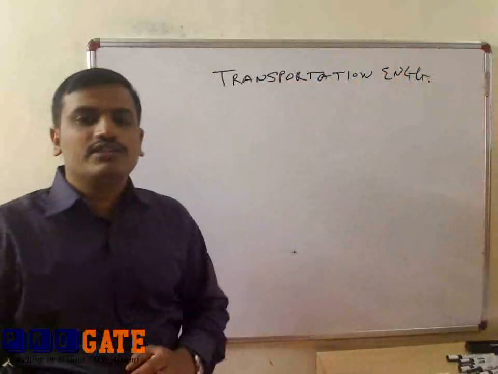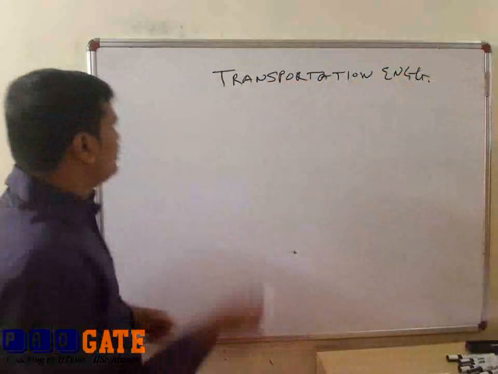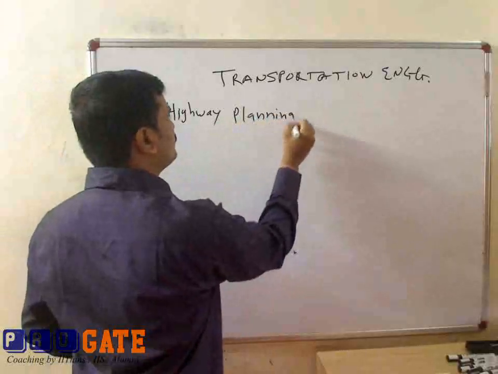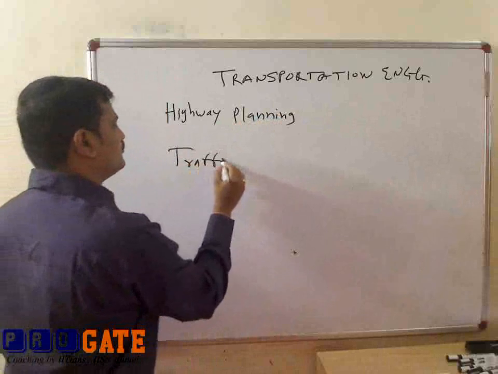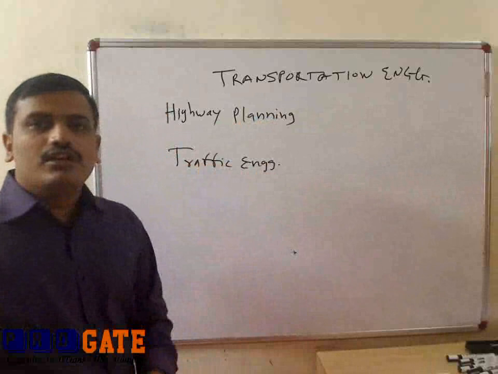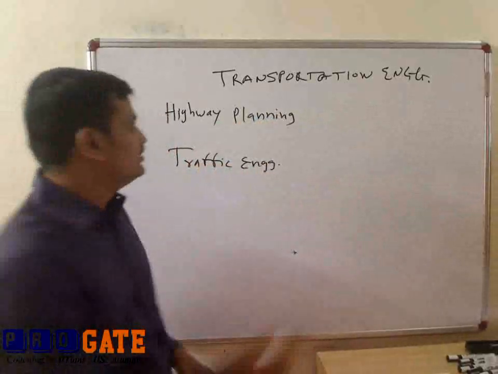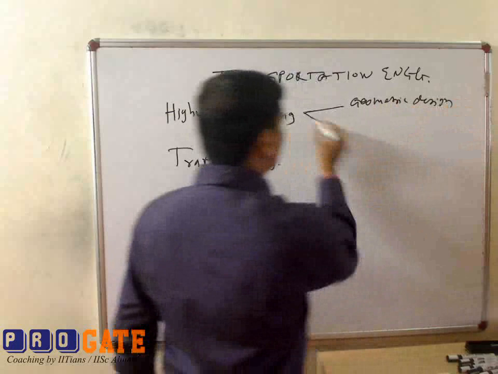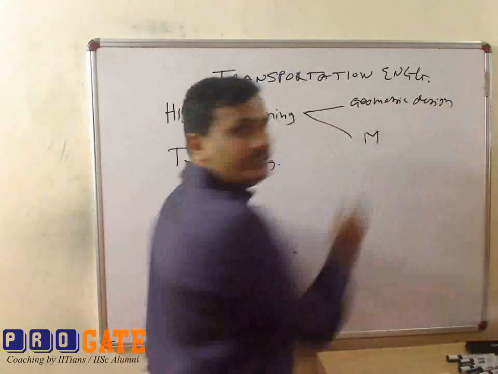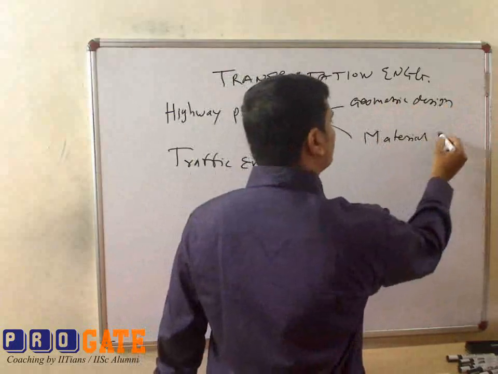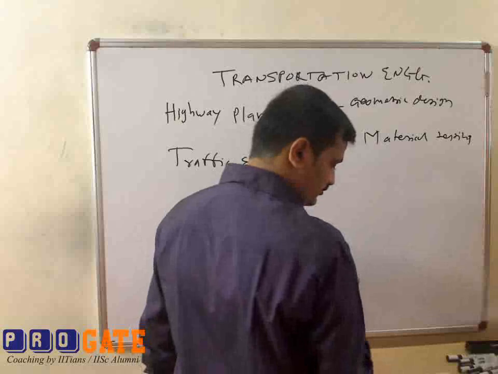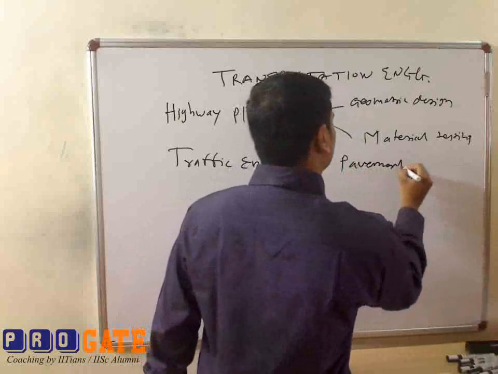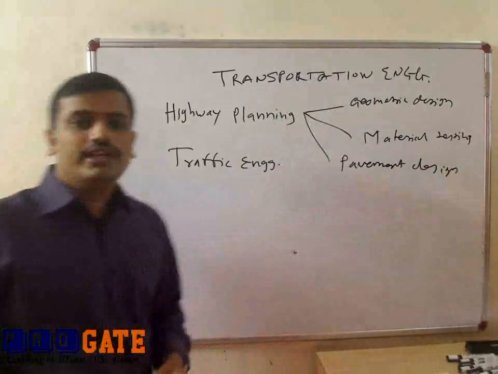Transportation engineering covers two parts. One is highway planning and second is traffic engineering. Under highway planning, it has geometric design, material testing, and pavement design.